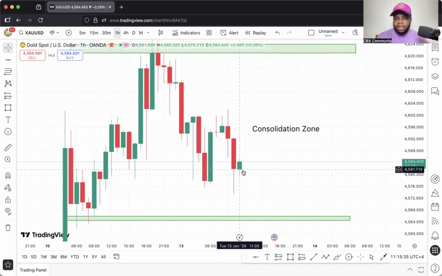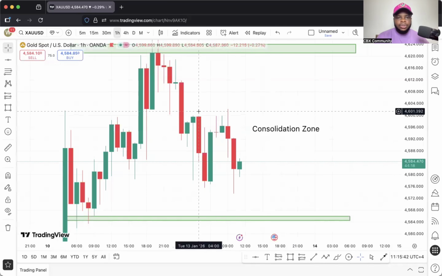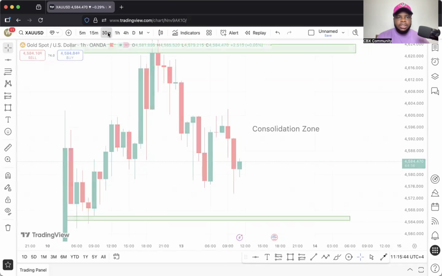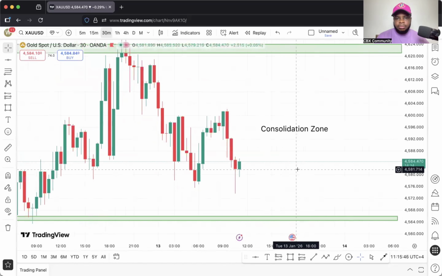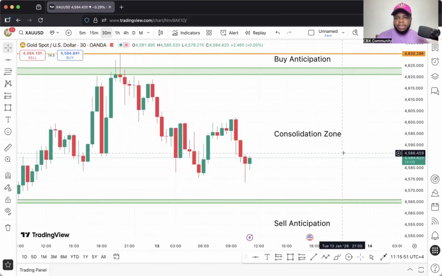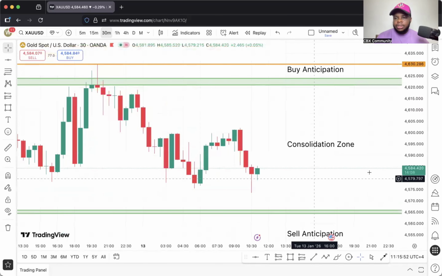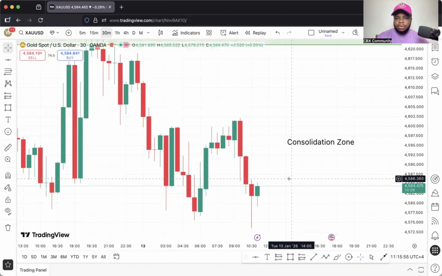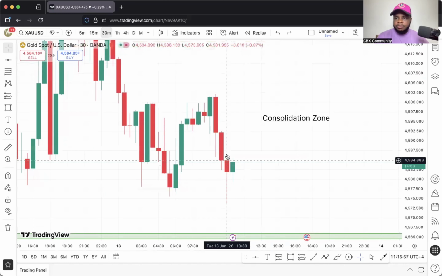So this 1 hour candle is set to break the high, and it's also yet to break the low of this bearish candle over here. So let's go back to 30 minutes. Let's wait and see what this candle wants to do. If this candle wants to break the high of this rejection bearish candle, let's wait.